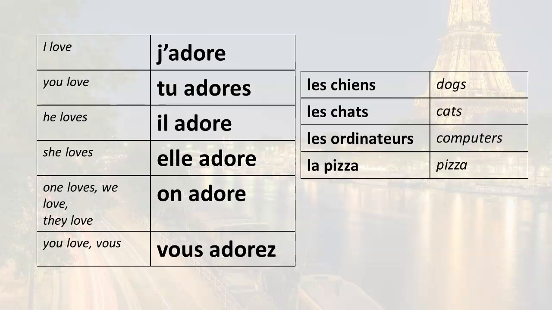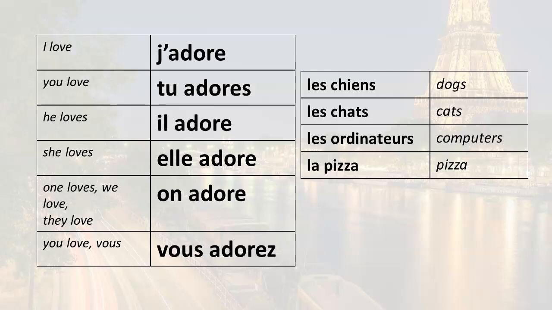Here's some vocabulary that's recycled from the lesson on aimer, because adorer and aimer function very similarly. We have les chiens, dogs, les chats, cats, les ordinateurs, computers, la pizza.